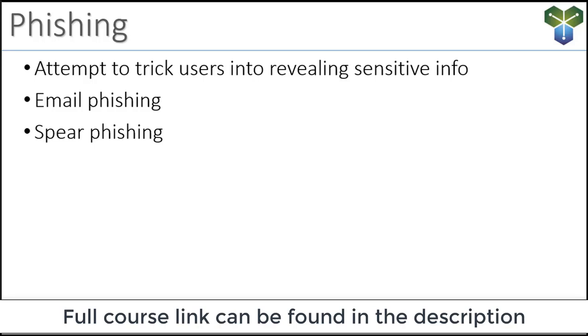And then we've also got smishing and vishing. So these are phishing attacks that are conducted either via text message, and that's smishing, or via a voice call, a regular telephone call. That's vishing. So for example, you could get a text message claiming to be from some delivery service like UPS or FedEx. And within the text message, it has a link to track your package. And when you click on that link, some kind of malware is installed.